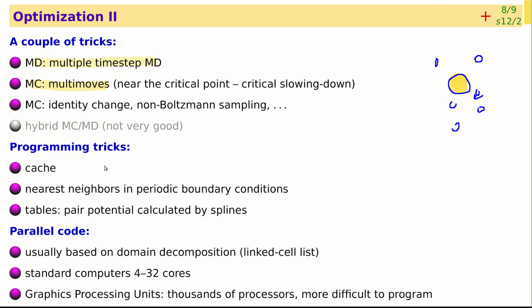As regards programming tricks, a good programmer must know what the cache is. Now in modern processors we have several levels of cache.